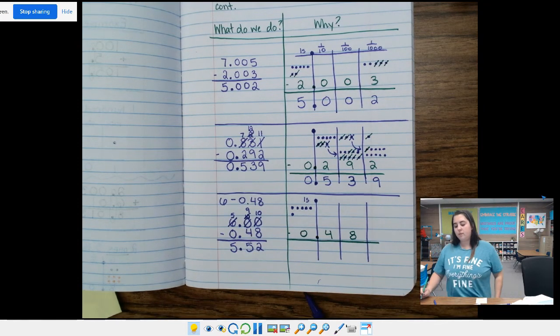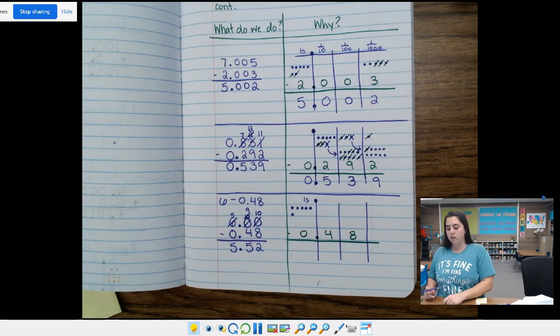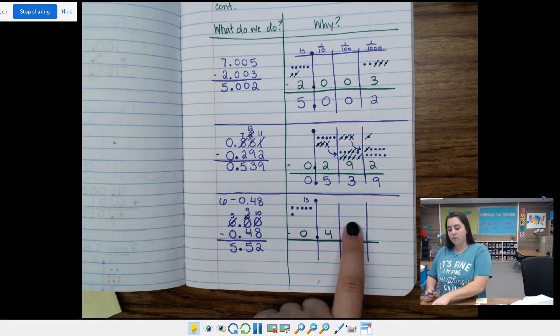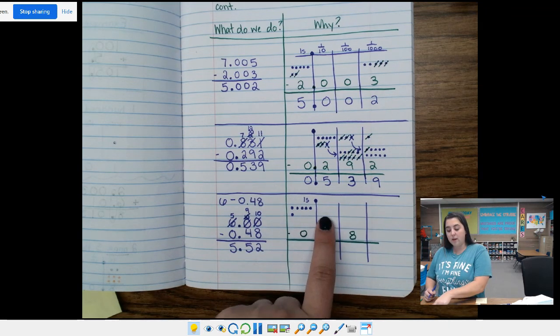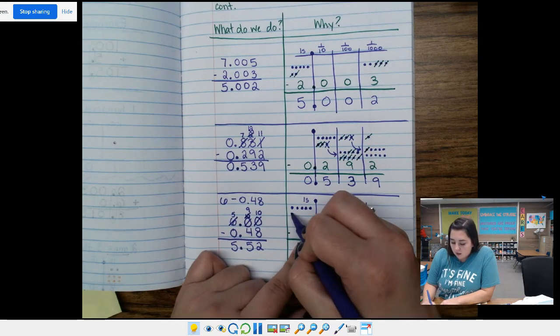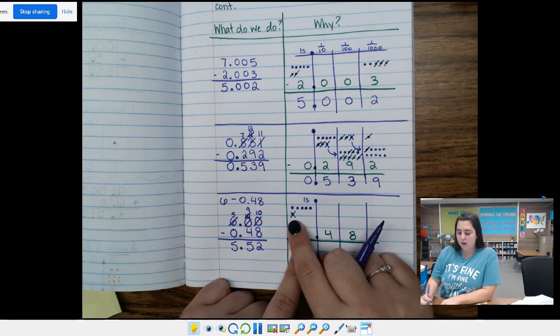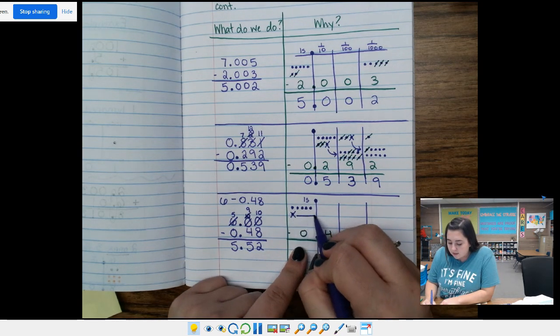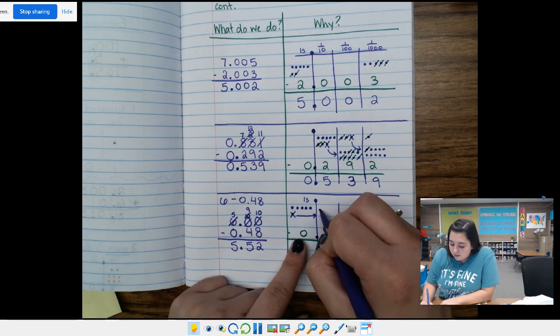Okay. So here's the why. Why does this regrouping work? You have nothing. You need to take away 8 from it. It's not possible. So I can't borrow from here because there's nothing here. So I'm going to go over to my ones. I'm going to think of money in this case. I'm going to take $1 and I'm going to exchange that for some dimes. That gives me 10 dimes.